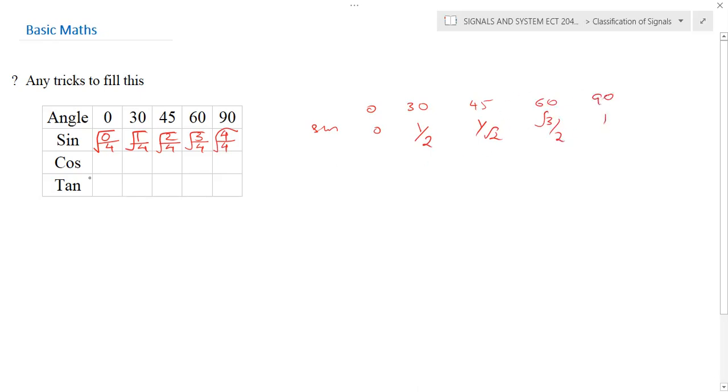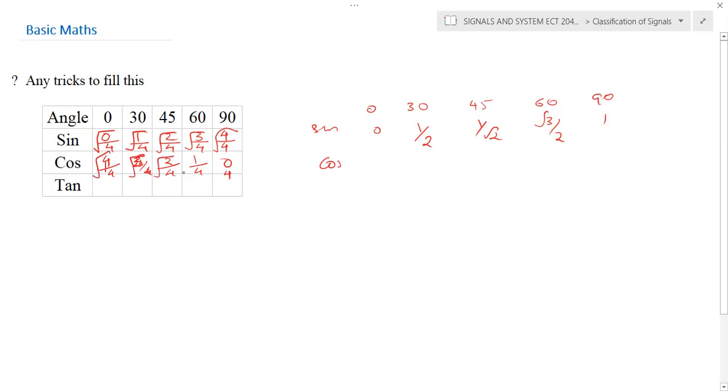For the cos term, you can simply write the reverse: 4, 3, 2, 1, 0, divide by 4, and take the root.